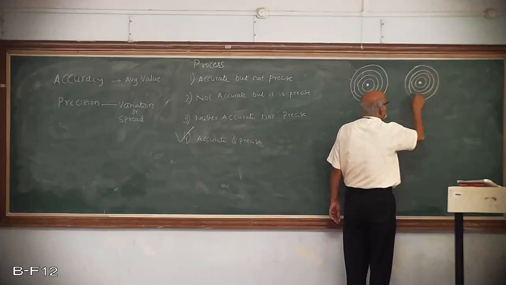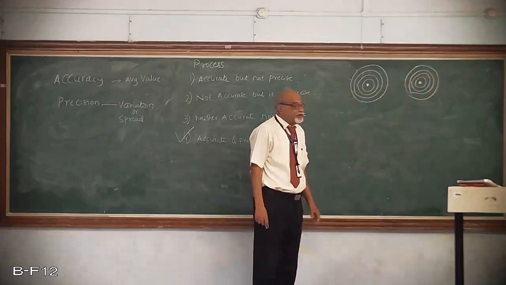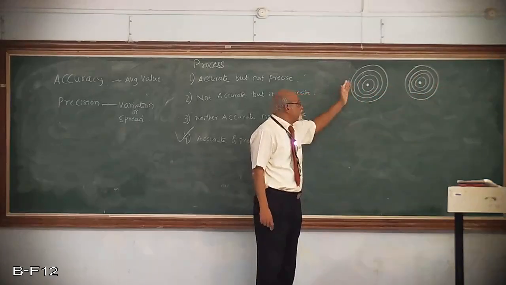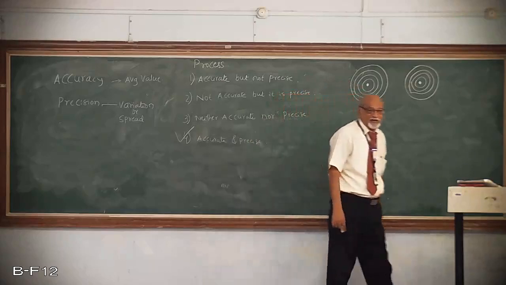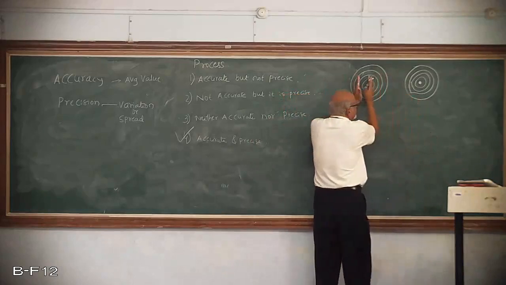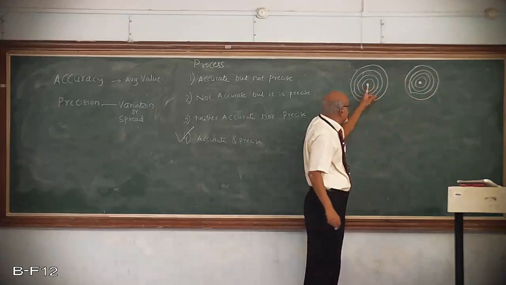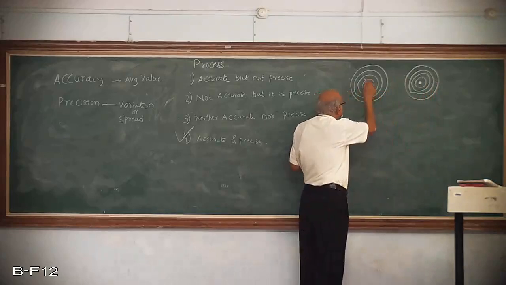When a person shoots, he has to shoot within that diameter of the bull's eye. If it passes away from this, he may not be considered at all. So now what are the possible cases? It may hit accurately, exactly at this point. But usually what happens? Somebody has hit like this.